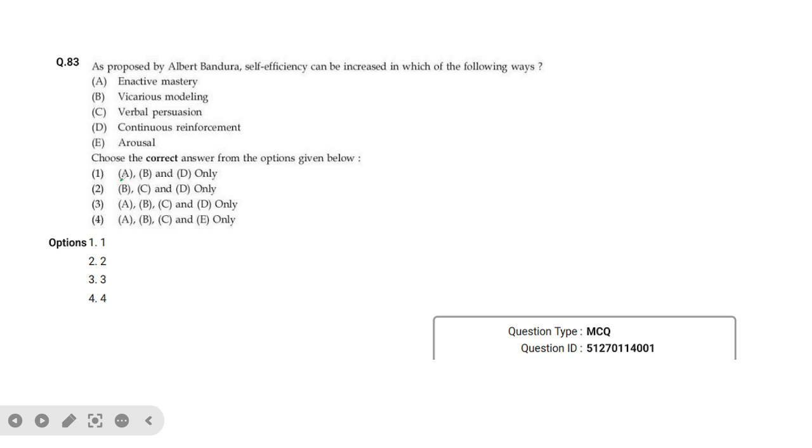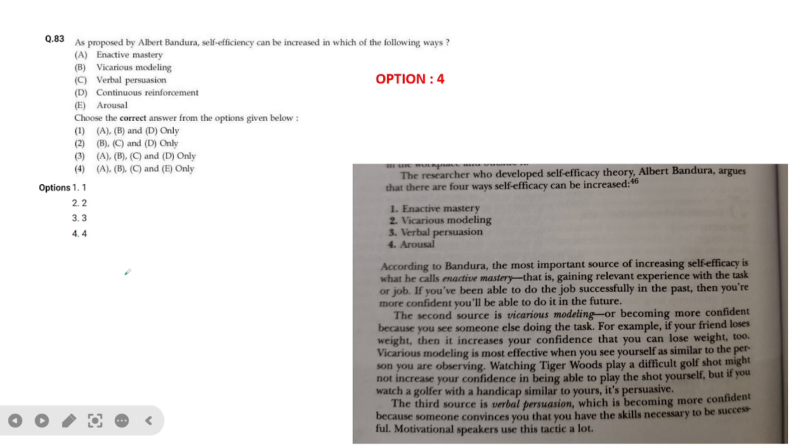Question number 83: as proposed by Albert Bandura, self-efficiency can be increased in which of the following ways? There is some doubt in this question too, so we keep it on hold and see what answer comes in the final answer key. There may be a printing mistake: instead of self-efficiency it should be self-efficacy. Then the answer would be A, B, C and E, that is option 4. The researcher who developed the self-efficacy theory, Albert Bandura, argues that there are 4 ways by which self-efficacy can be increased, not self-efficiency.